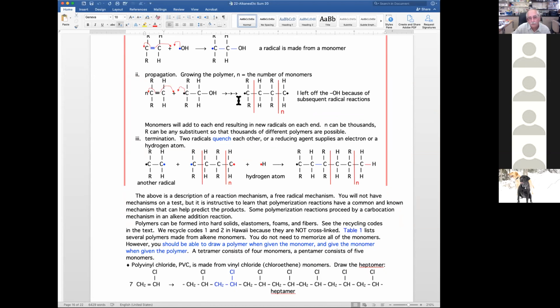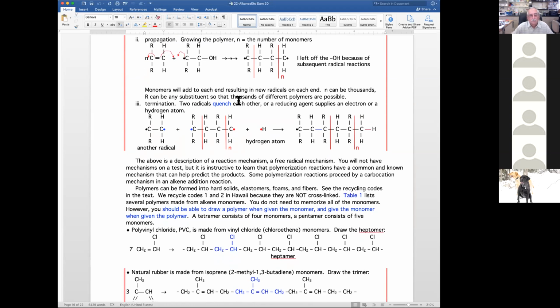Then at some point, you get termination. In termination, two radicals quench each other. So here I have a radical, and here's another radical, right? What happens when these two come up against each other? Well, they can form a covalent bond. The radical is gone. Another way to quench a radical or cause termination is to simply put a reducing agent in there.